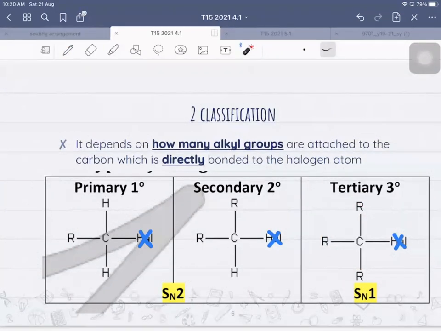R is not a new element or a new symbol. It's the same symbol that I introduced to you in the previous topics. It is the representation of an alkyl group. What's an alkyl group? A group that has carbon and hydrogens. It comes from your alkane, but with one hydrogen less. That's what we call alkyl.